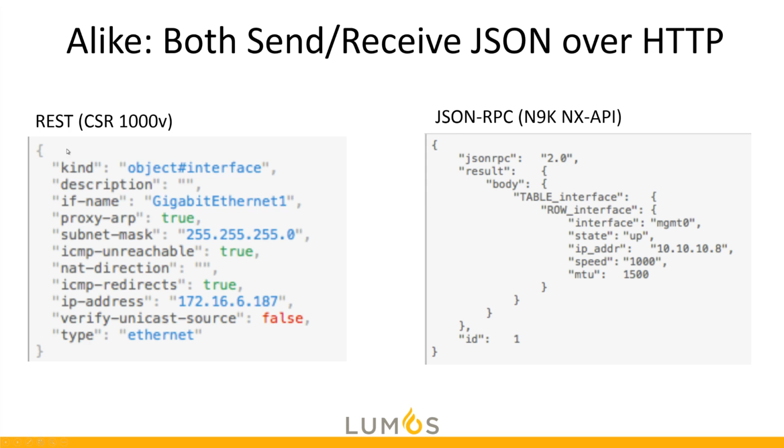JSON-RPC, in the older Nexus 9K standalone, what was called the NX-API, notice that we have this opening key called jsonrpc. So it looks like it's formatted in JSON, and it is. But it's called JSON-RPC, and it gives you the version, 1.0, 2.0, the result, and then the body.